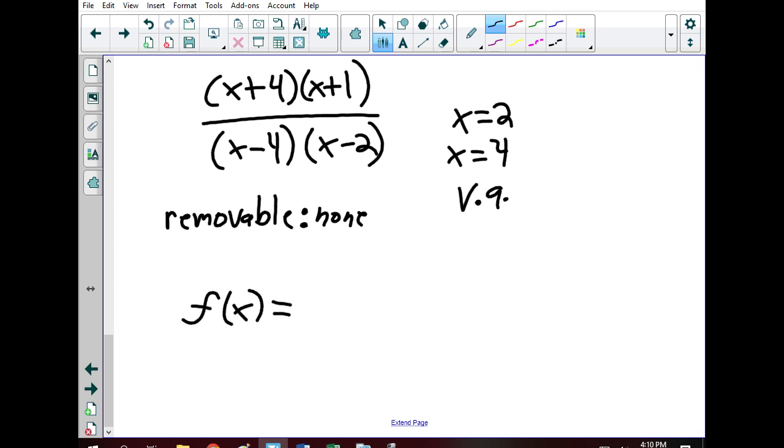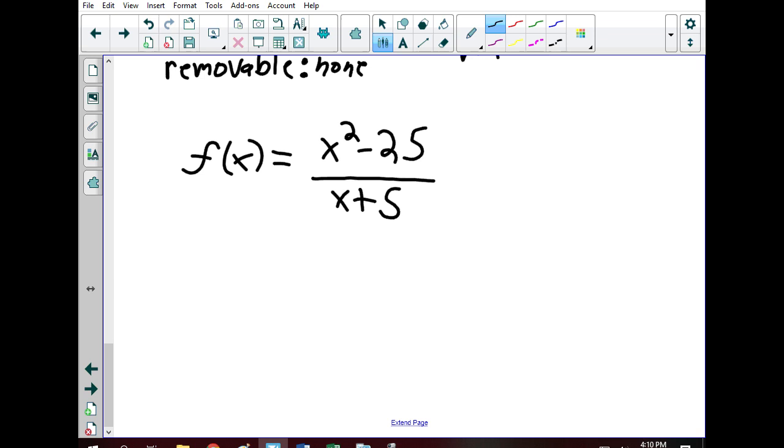So here, say f of x is x squared minus 25 over x plus 5. Okay, so I'm finding the discontinuities. And by the way, these rational functions here, they're not going to have jump discontinuities. I'll show you tomorrow where those jumps are going to come from. But these rationals are only going to have infinite and removables.